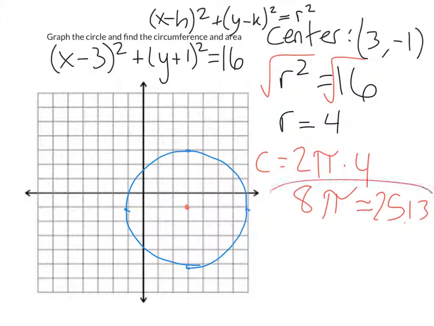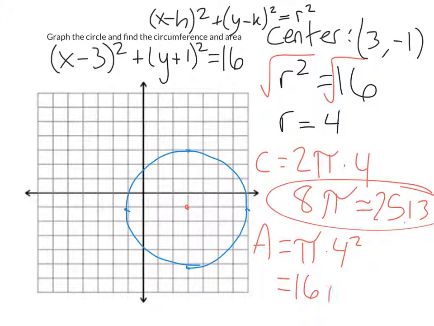So either one of those is cool with me for my circumference. And we'll do the same thing for area. Pi times my radius of 4 squared, which equals 16 pi. If we were to approximate that, 16 times pi is 50.265, so 27, if we round it correctly.